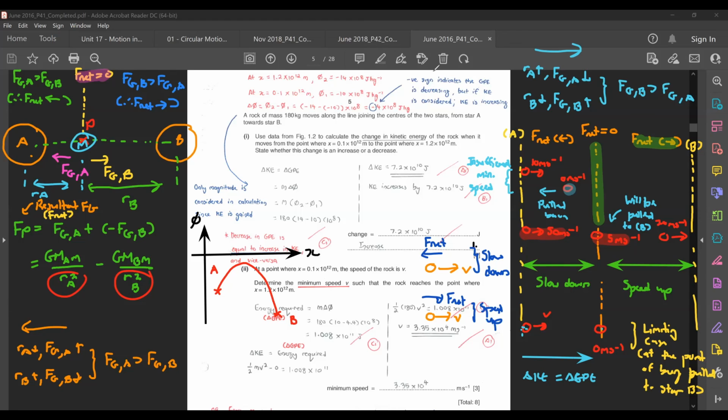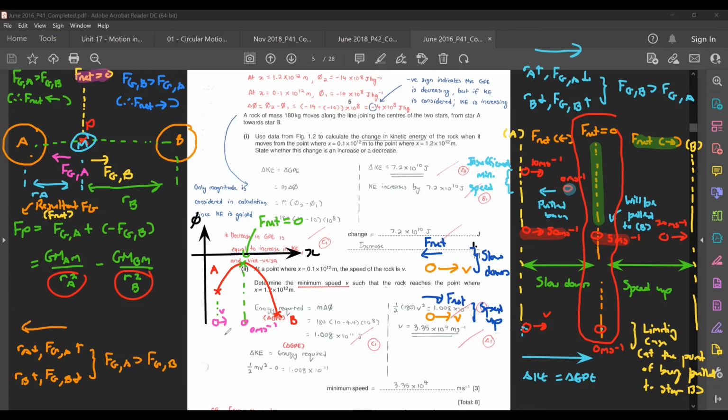Now, where do you suppose is where your F net is equals to 0 from the graph? The point where your F net is equals to 0 is actually right over here. This is the point where your F net is equals to 0. Okay, so this is actually the point where you're kind of assuming that I project my object with speed v, and then it reaches here at 0 meter per second.